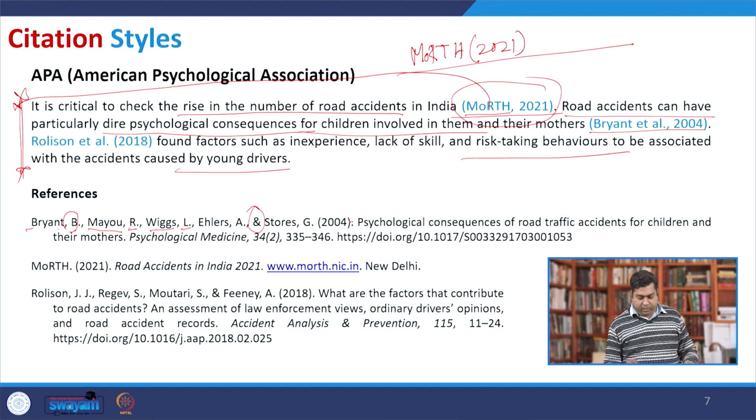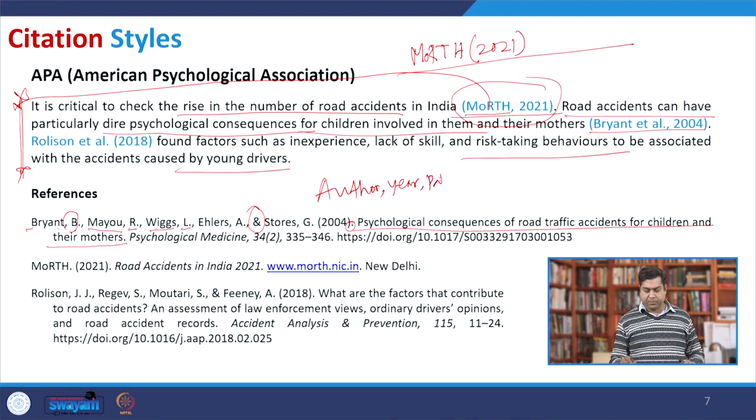Then a period or full stop is required. Then we write the name of the paper. So, first you have the author, then the year, then the paper title.